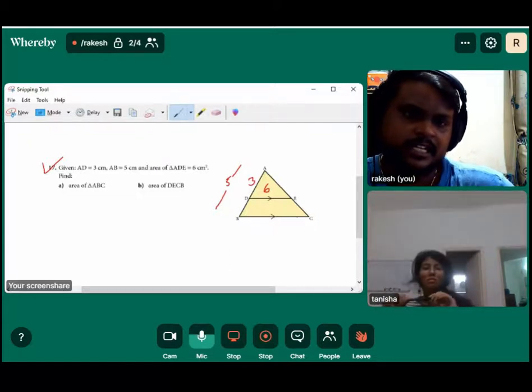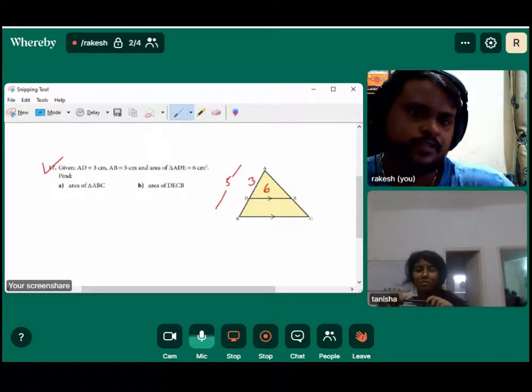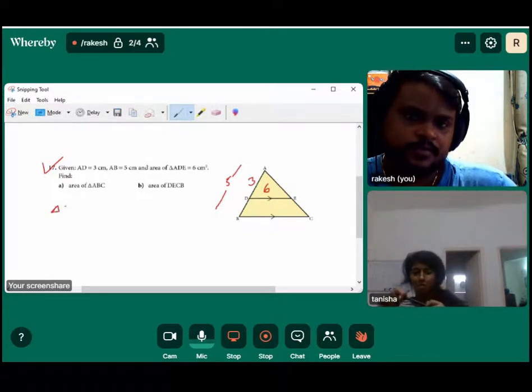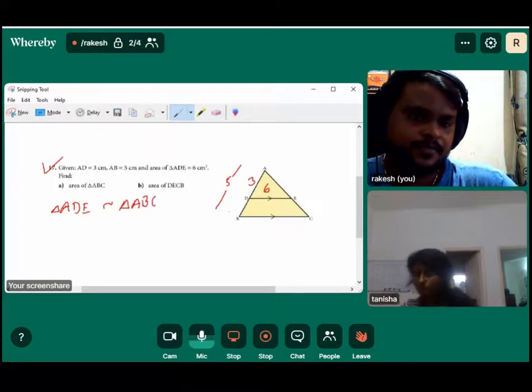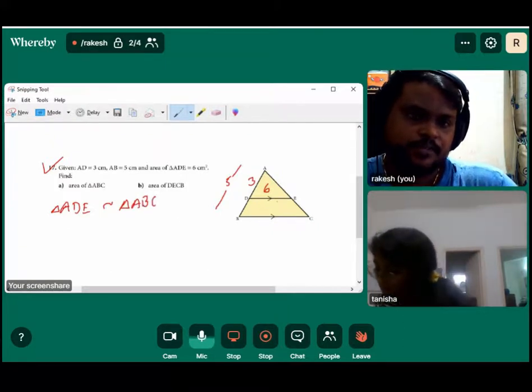They have not said that ADE is similar to ABC. Though they are similar, that we have to prove, right? That we have to show in the solution. So ADE is similar to triangle ABC. So how will you prove this? They just gave one piece of information, which is DE is parallel to BC.